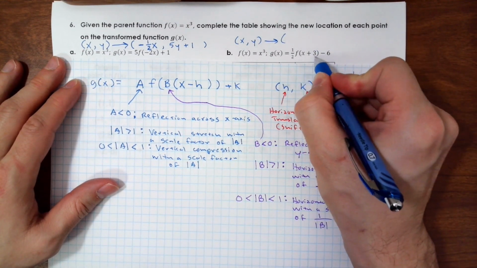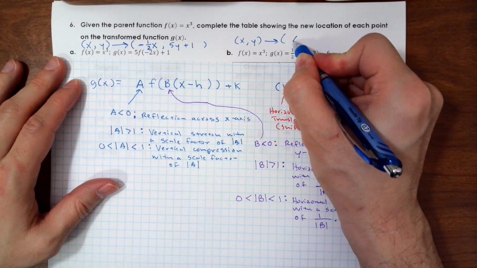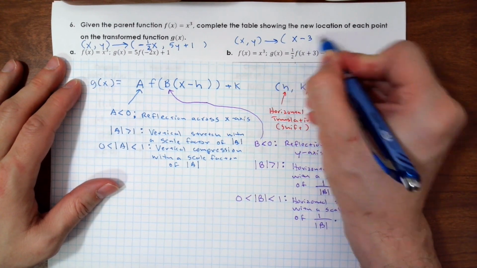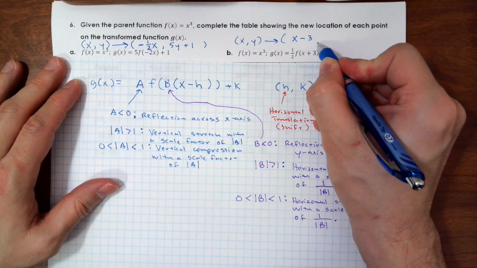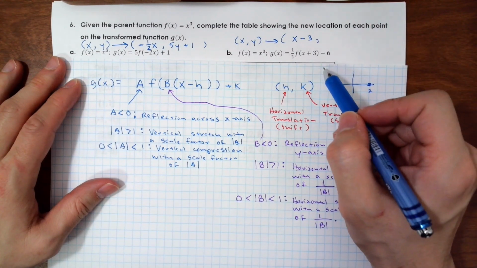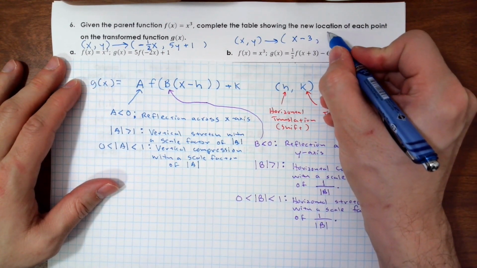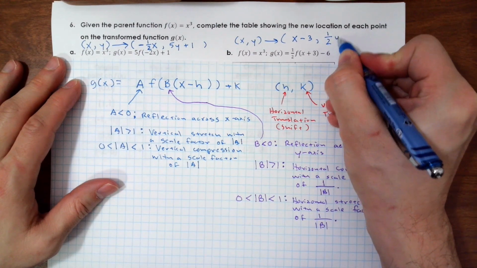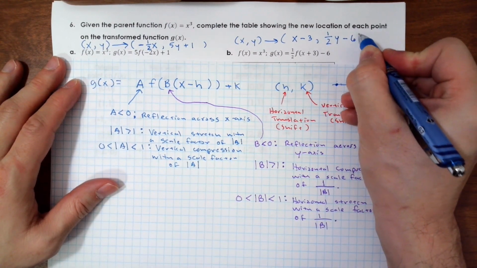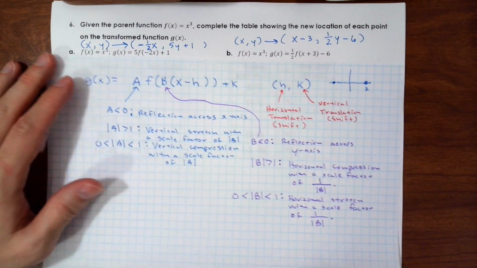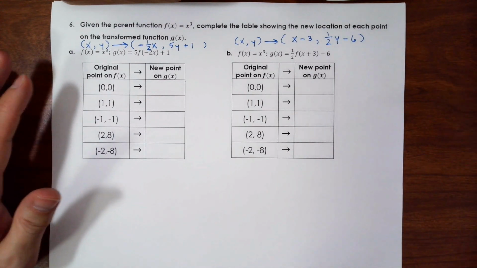So our x, this is 3 to the left. So x gets moved 3 to the left, has its x-coordinate reduced by 3. Then what happens to our y? It gets cut in half and then reduced by 6, representing that shift, 6 downward.